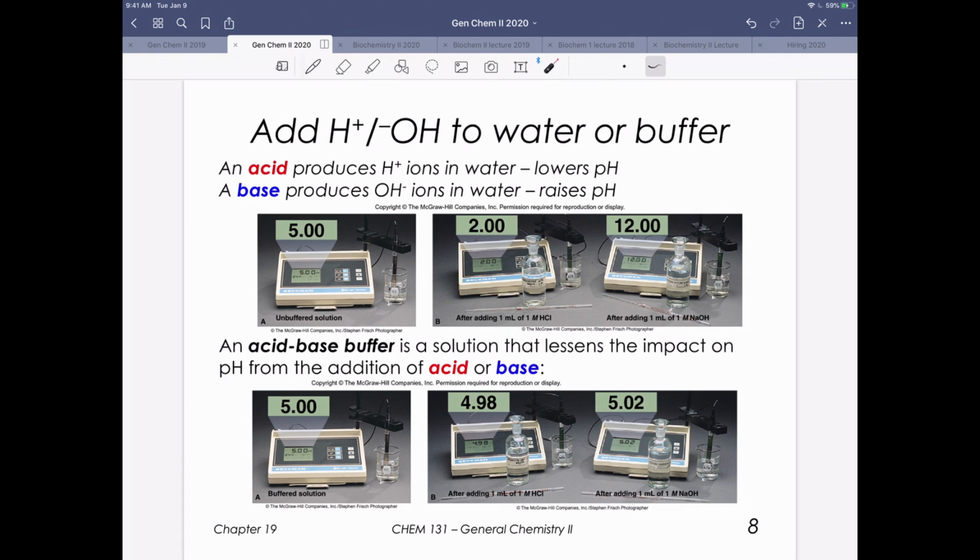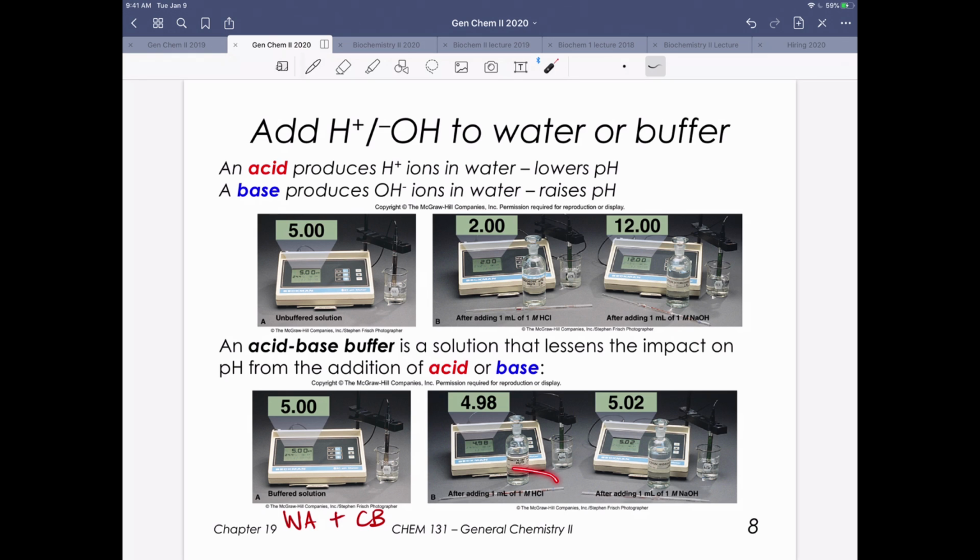Remember, a buffered solution has a weak acid and a conjugate base. So we're going to treat this as though we were playing an army men game. We're going to call these weak acids and conjugate bases soldiers. We're going to say that these guys have the ability to do chemistry with either acid or base that's added so that we lessen or buffer their effect.